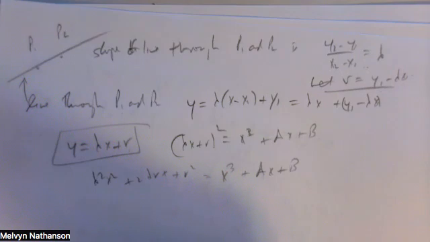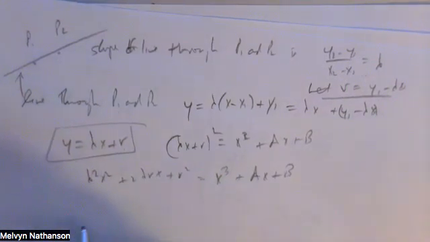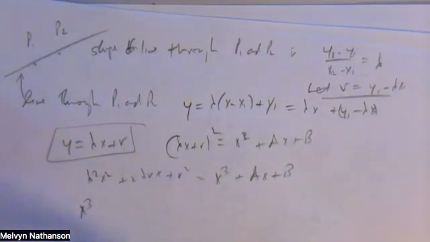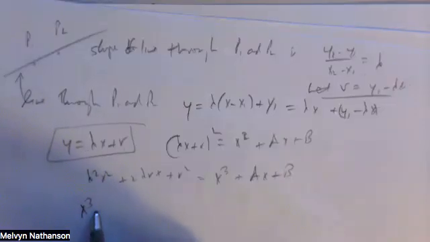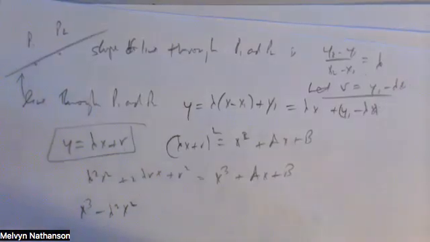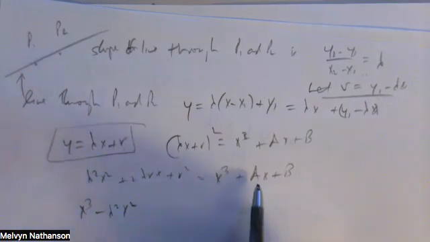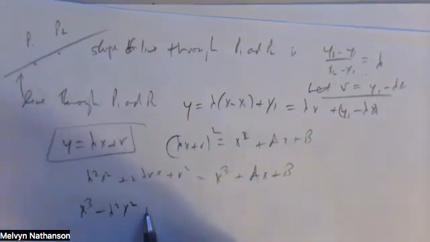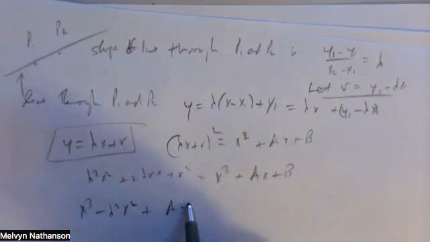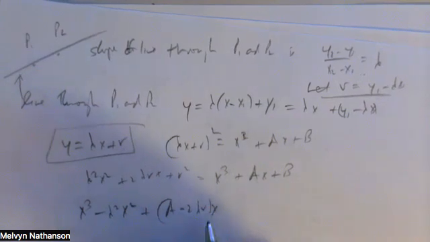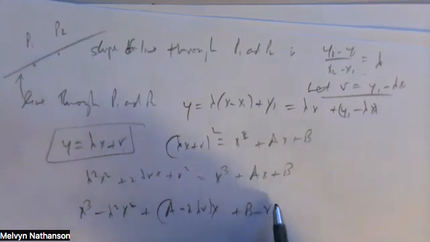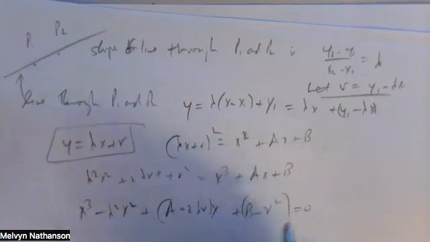So you get x cubed minus lambda squared x squared plus (a minus 2 lambda nu) x plus (b minus nu squared) equals 0.